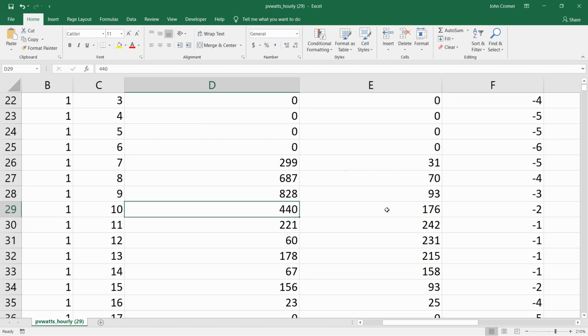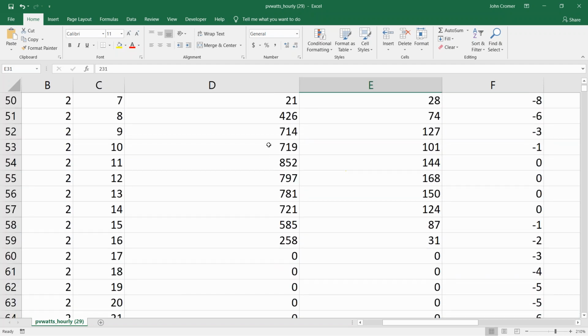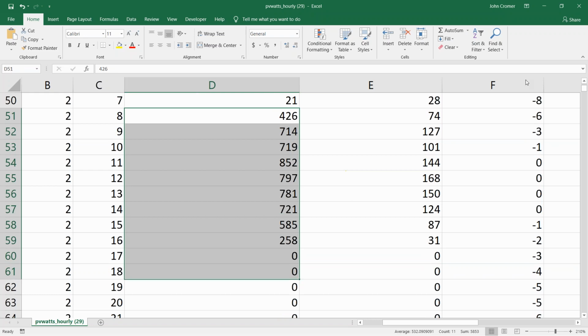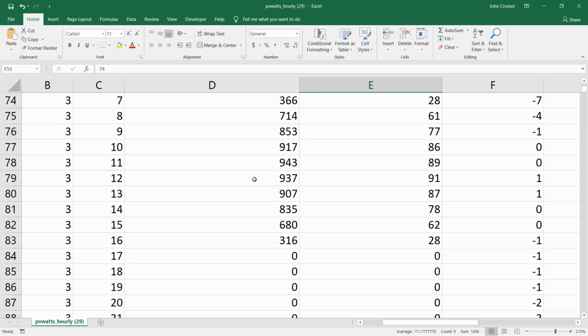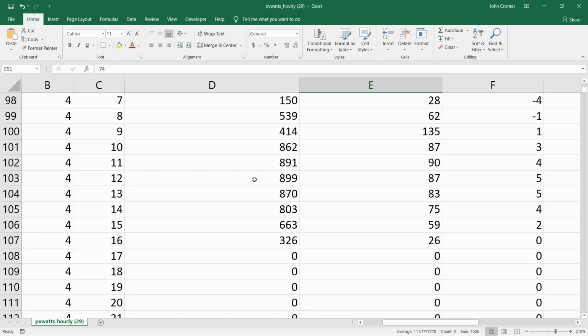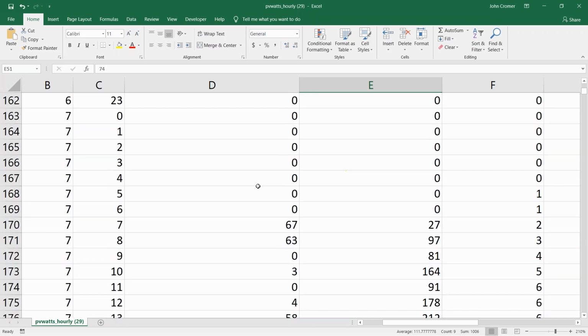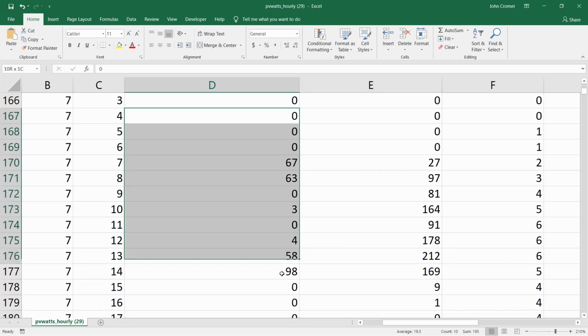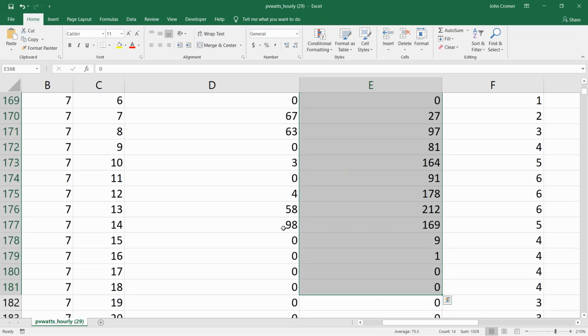On January 1st, it's kind of like half and half. On January 2nd, we have a lot more direct irradiance and a lot less diffuse irradiance. On January 3rd, same thing. It's a sunny day. January 4th, it's a sunny day. January 5th, 6th, it's a sunny day. Uh-oh. Here's January 7th, and it's a cloudy day.